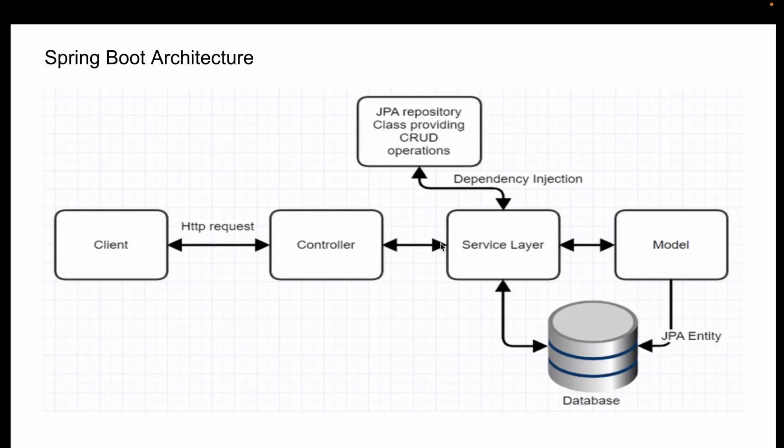Your client comes with some request. The request is to get the details of an employee with some particular employee ID and working in some particular company. So in the payload you have passed the company name, and in the URL you have passed the user's employee ID. So this information went to the controller.